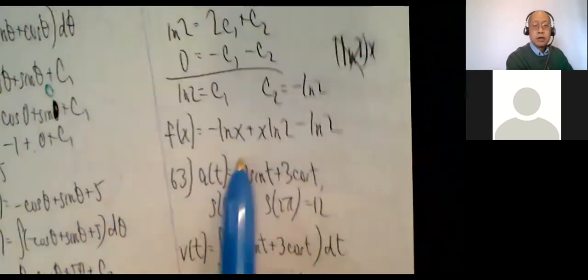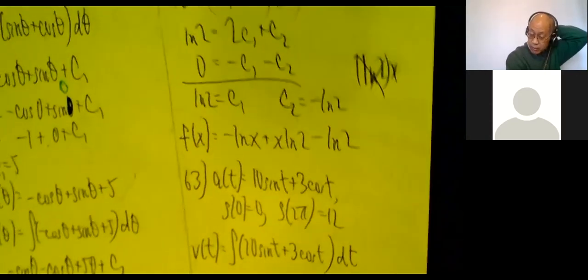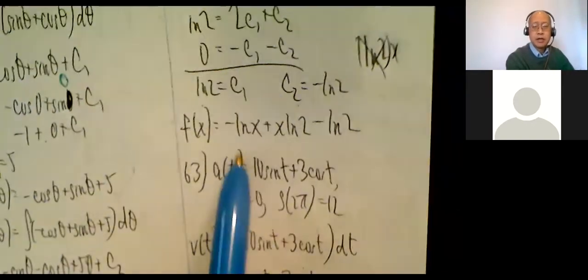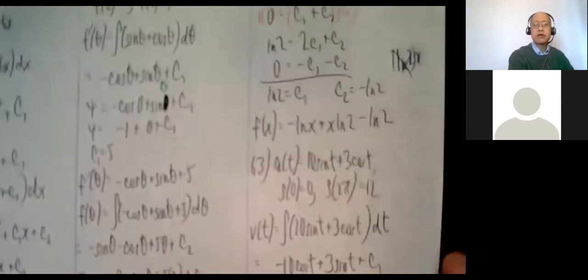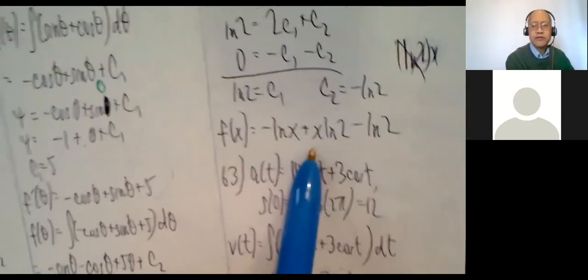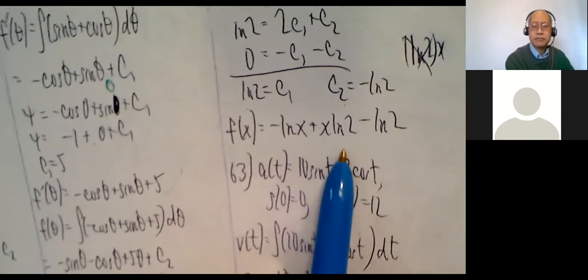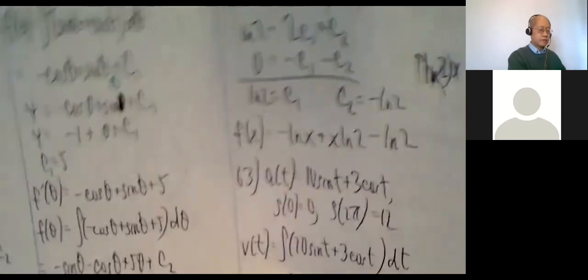So to avoid that, put the x in front. Now when you write it like this, nobody's going to think of it as ln of 2x. But we're still going to use the word coefficient. Normally, when you say coefficient, it's the number in front. So the coefficient of x here is natural log of 2. It's like saying 0.693x, something like that. So that's my answer.